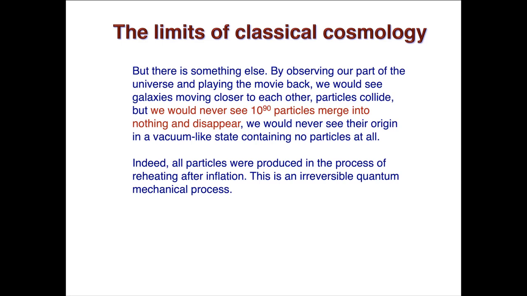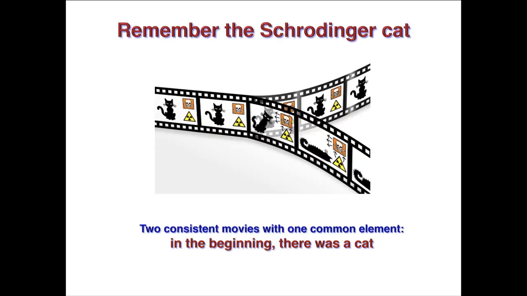And this is irreversible. If you look at the galaxies which we see right now, you can never make a movie back where these galaxies glue together and produce a vacuum state. So this is how the picture of the universe differs from what was before.